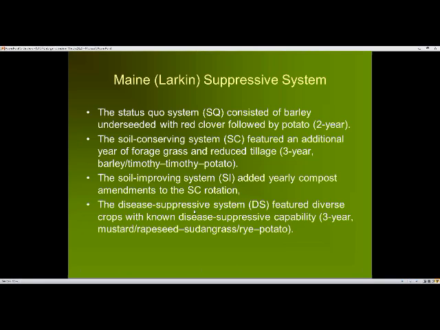And then they created what they called a disease suppressive system, in which they took the results from the work that I showed you just a few minutes ago, as well as a lot of other work, where they knew that these particular cover crops were suppressive to particular diseases, and they designed a rotation that incorporated all of those suppressive cover crops into a 3-year system.